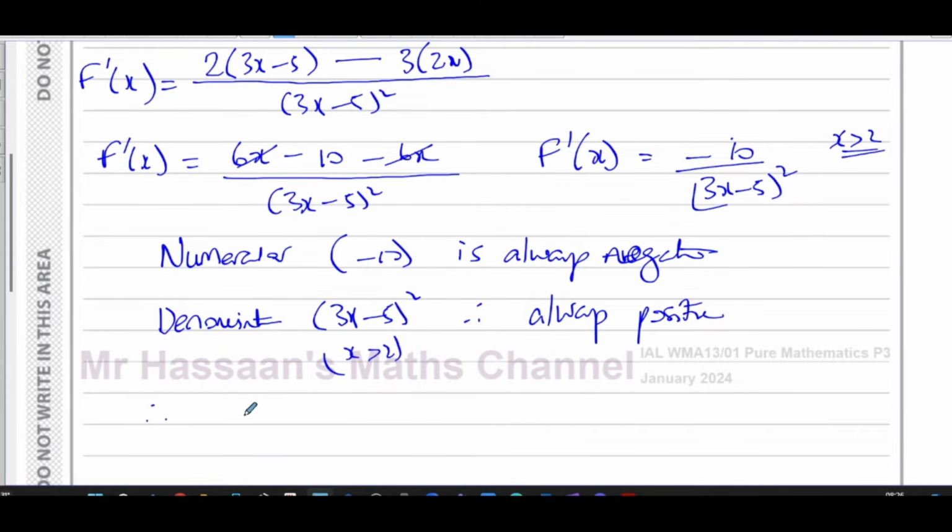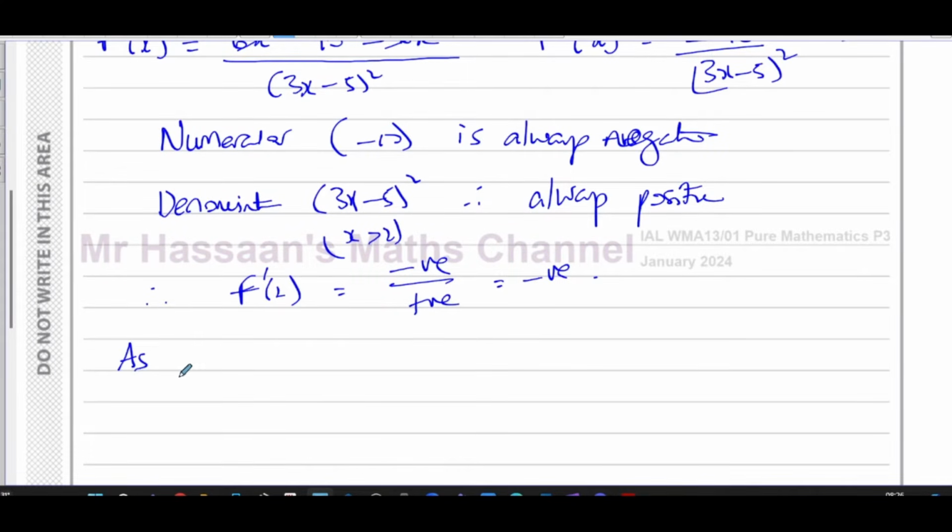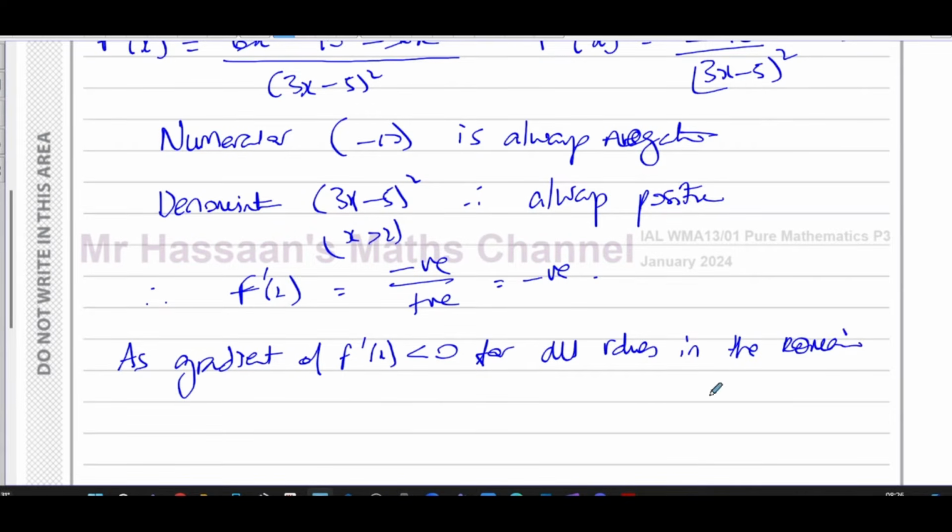So therefore we can say f dash of x, the gradient, is going to be negative over positive, which is negative. We should be very careful to state our reasoning: as f dash of x is less than 0 for all values in the domain of our function, therefore it is a decreasing function.